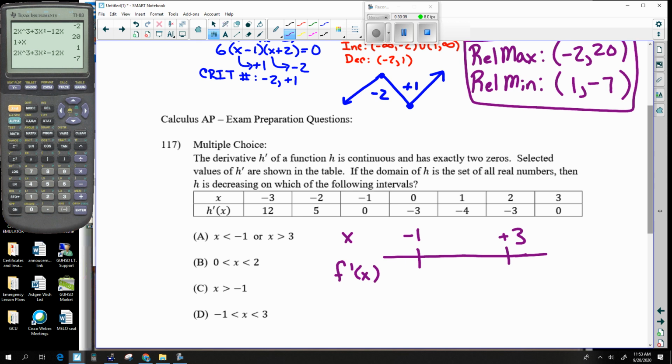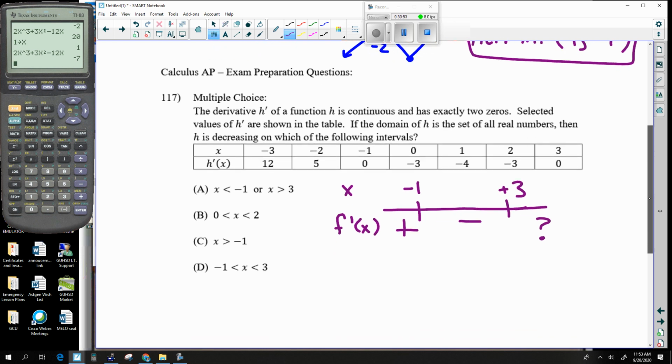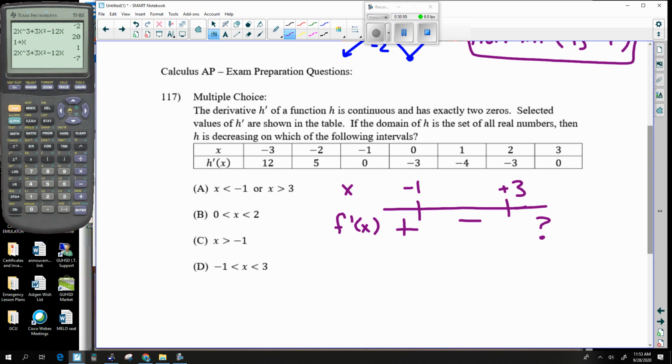I see that the derivative has positive values. Between has negative values. And then I don't know what's occurring above the 3. I really don't know. So if the domain of h is set for all real numbers, then h is decreasing on which of the intervals? It's at least decreasing from -1 to 3.